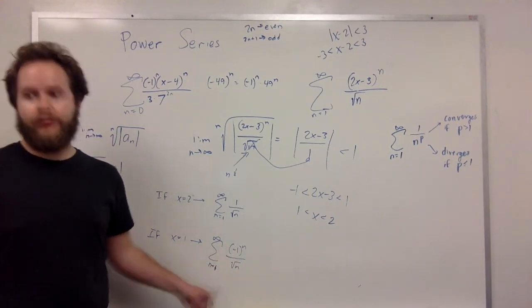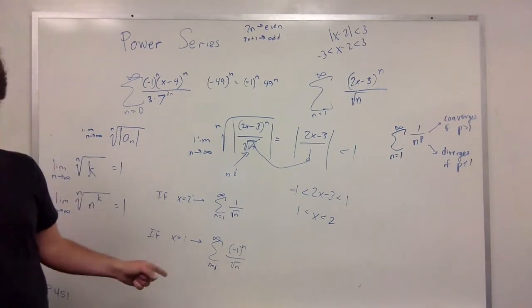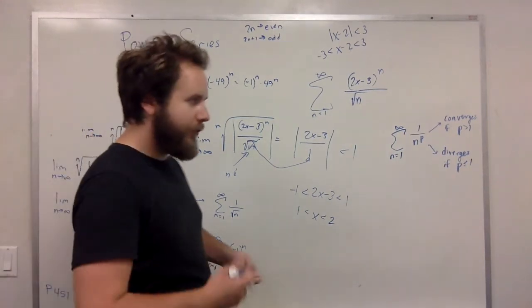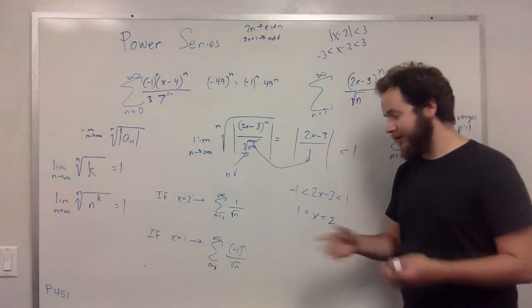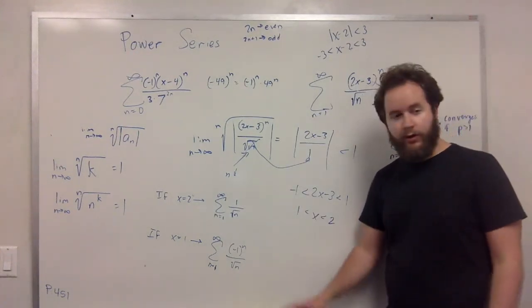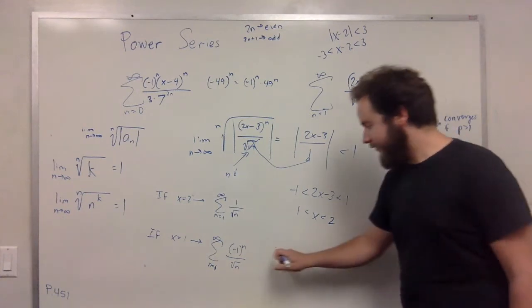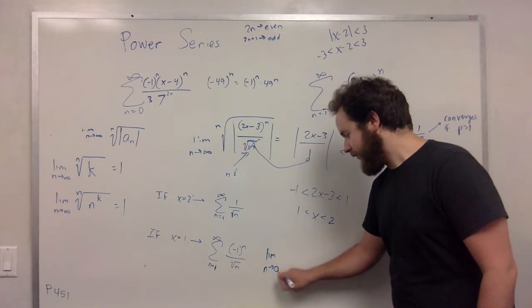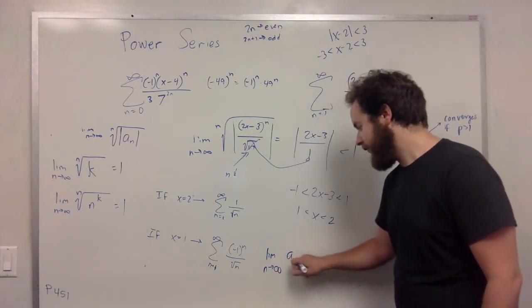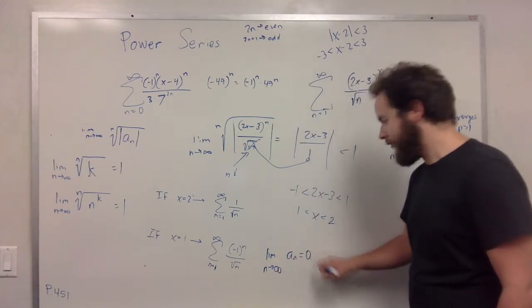Right, because of the negative. It's called the alternating series test. Now, you probably don't have to go through all this process, and I don't even know if they would give you something like this because, in short, here's what you need to remember: as long as the limit as n goes to infinity of a sub n is 0, then you're good.